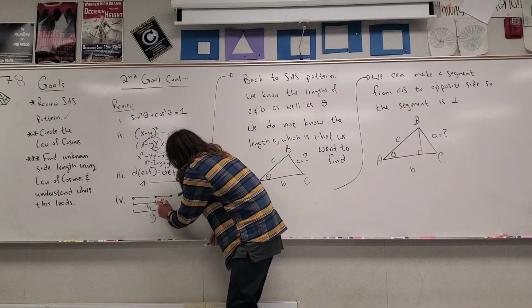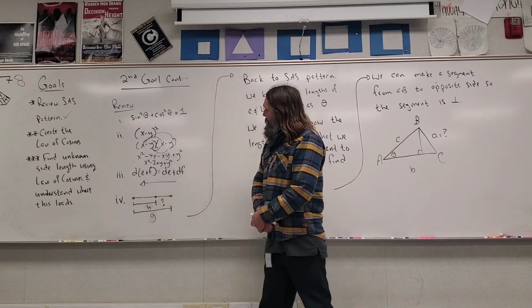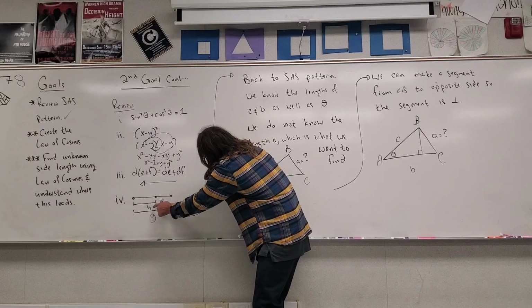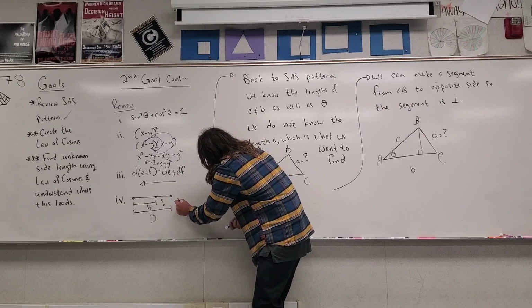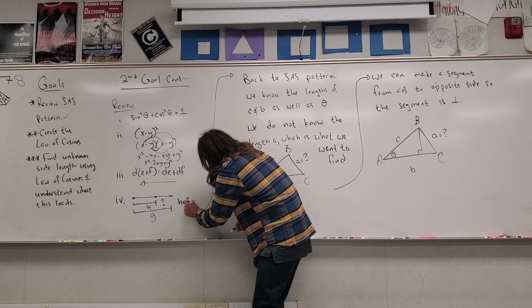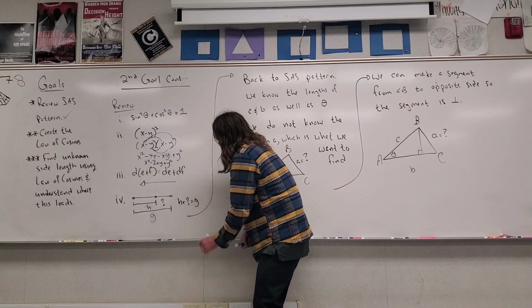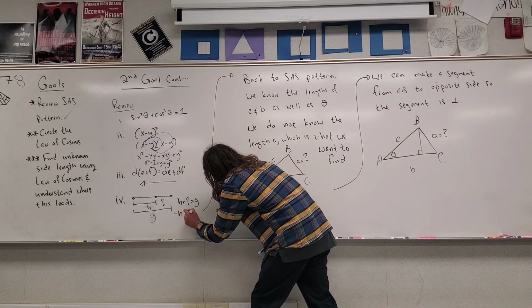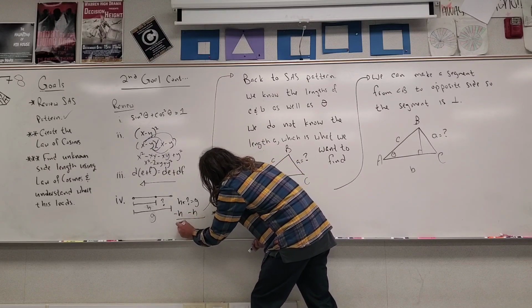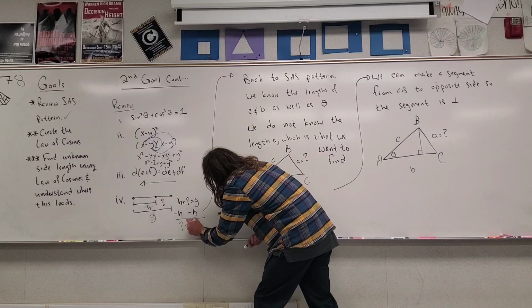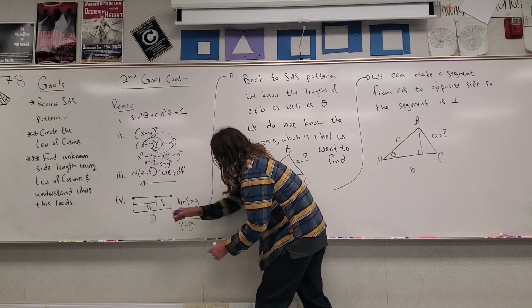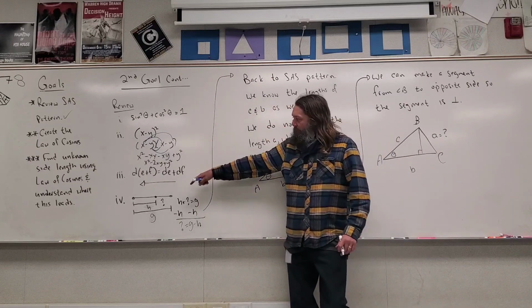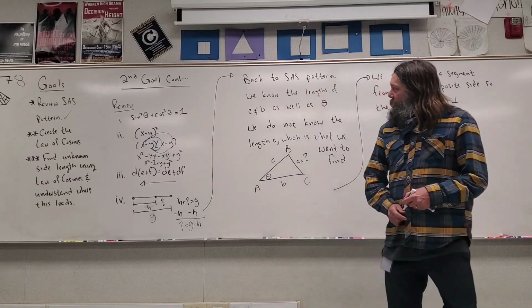If the entire thing is g, and the two smaller pieces are h and the unknown, and I assume that I know h and g, that means the length of this piece will be the full length minus the other segment. So we're going to need these tools in order to create the law of cosines.